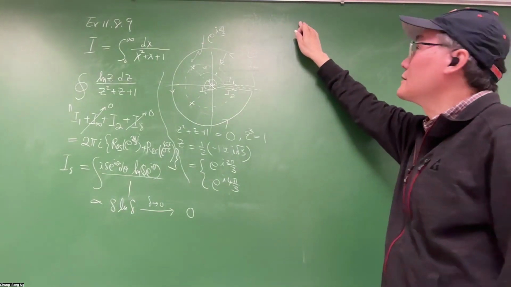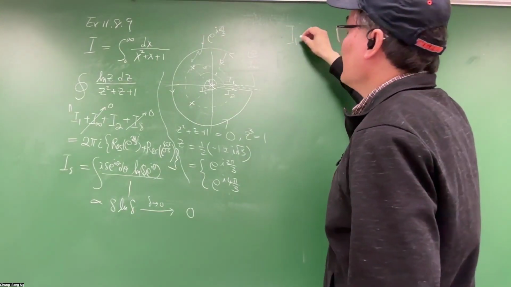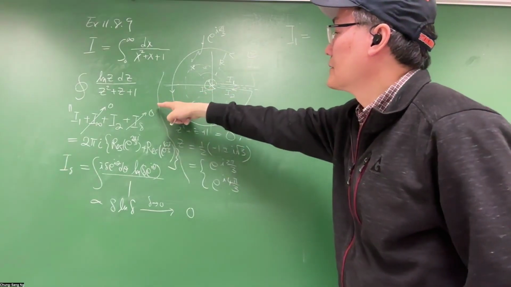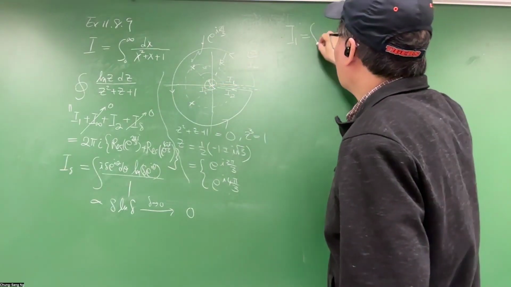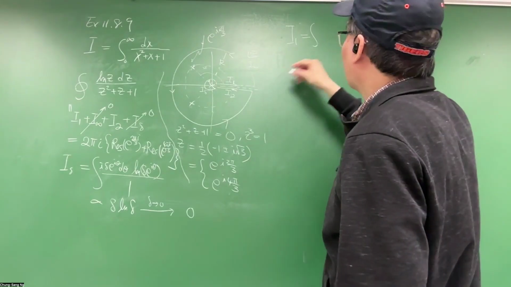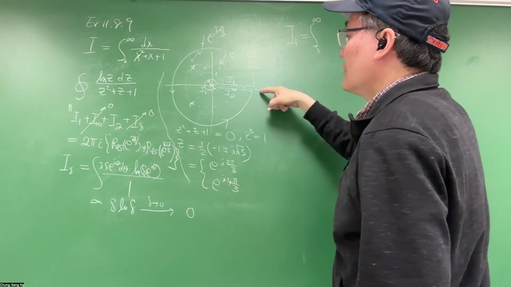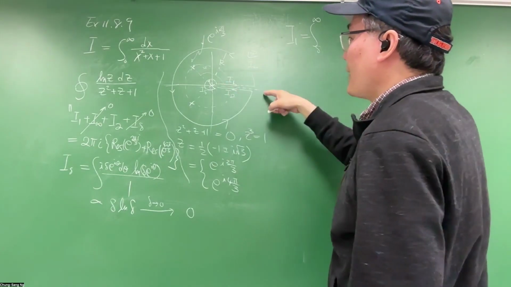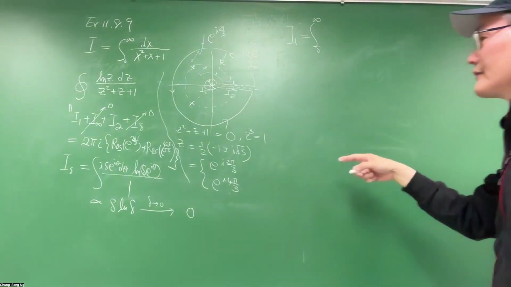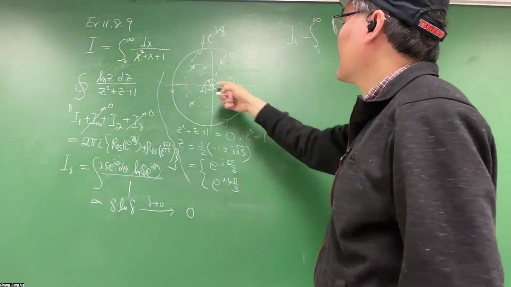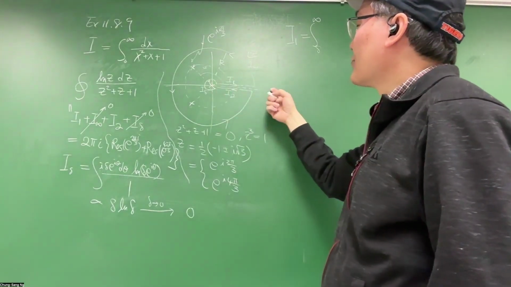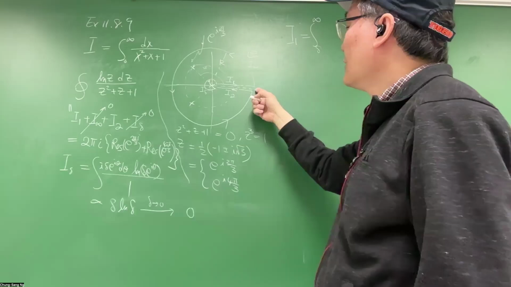Let's see. I sub 1 is going from delta, which tends to 0, to infinity, of this. This is around the real axis, but we choose the phase angle to be 0.